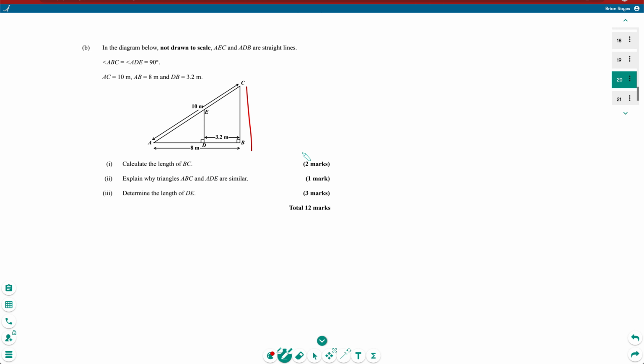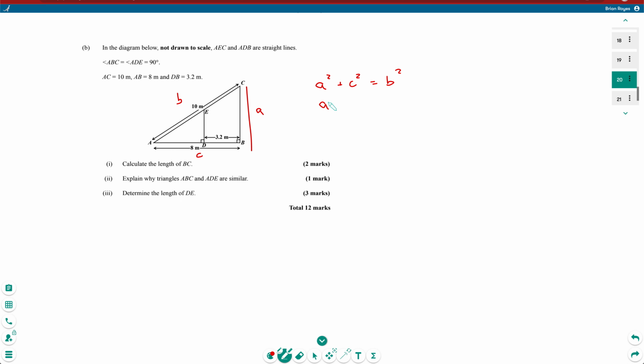All right, so the easy way to do this for 2 marks is to identify Pythagoras' theorem at work. We're going to say that, well, let's call this A, let's call this one B, and let's call this one C, because these little letters are opposite to the big vertices. So technically, we're going to have Pythagoras looking like A squared plus C squared is equal to B squared. I know you're usually accustomed to A squared plus B squared equals C squared, but the only thing that matters is that the hypotenuse squared is by itself on that side of the equation.